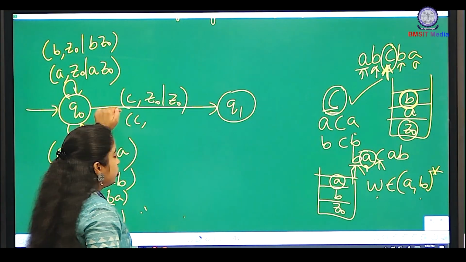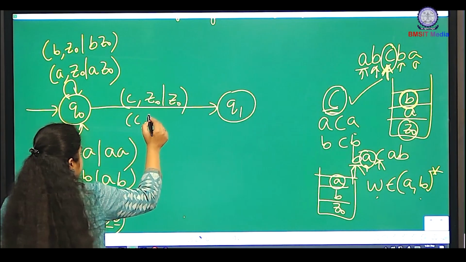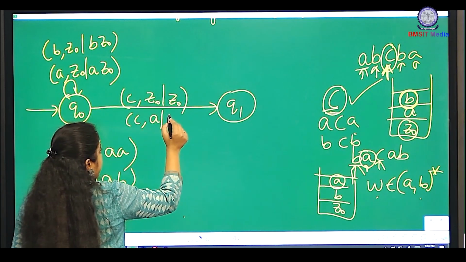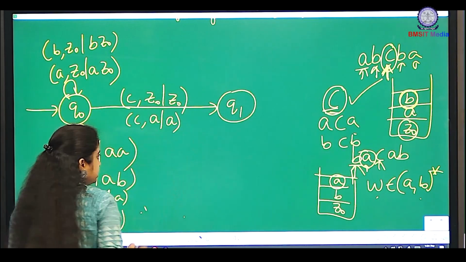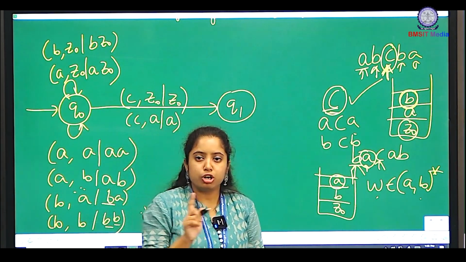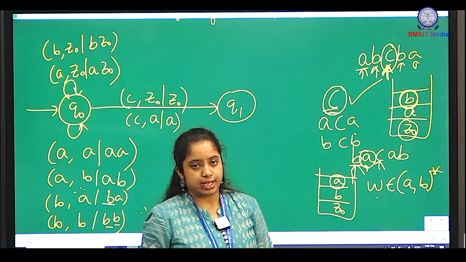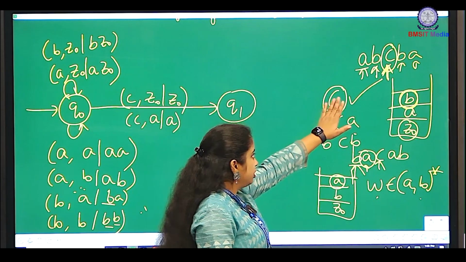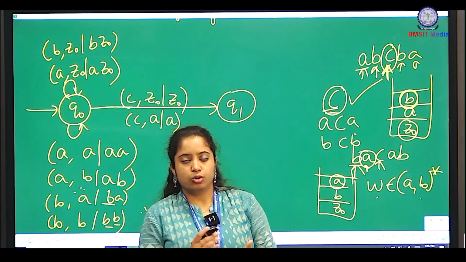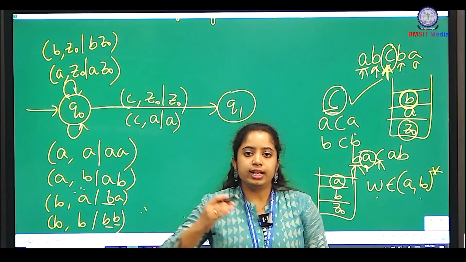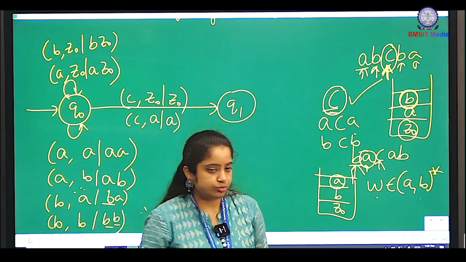You should write all the three possibilities. C upon A, it has to keep A as it is. You need not perform any push or pop operation. No changes to the stack. Because when you encounter C, you understand that the W string is over. Next we will be receiving WR.